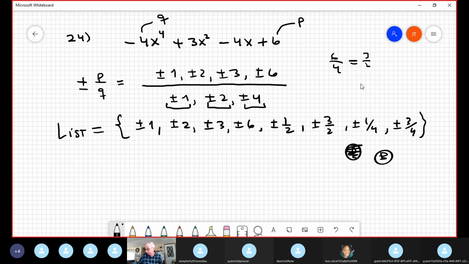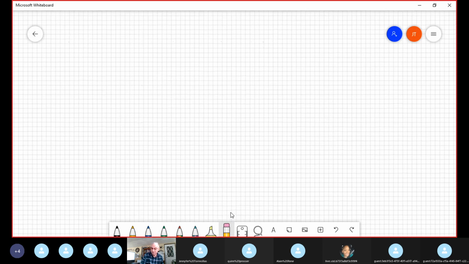Okay, let's do one more. And that's it, because it's super easy to understand. 25. Now, 25 is 5x to the 5th power minus 6x squared plus 6x minus 1.